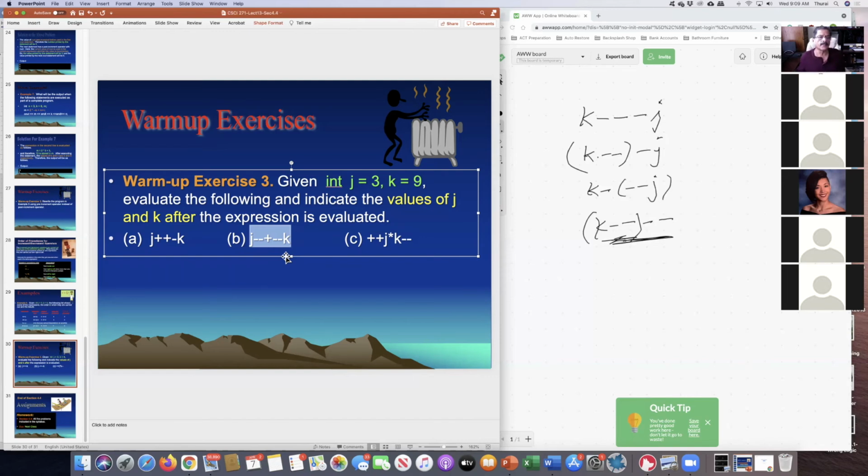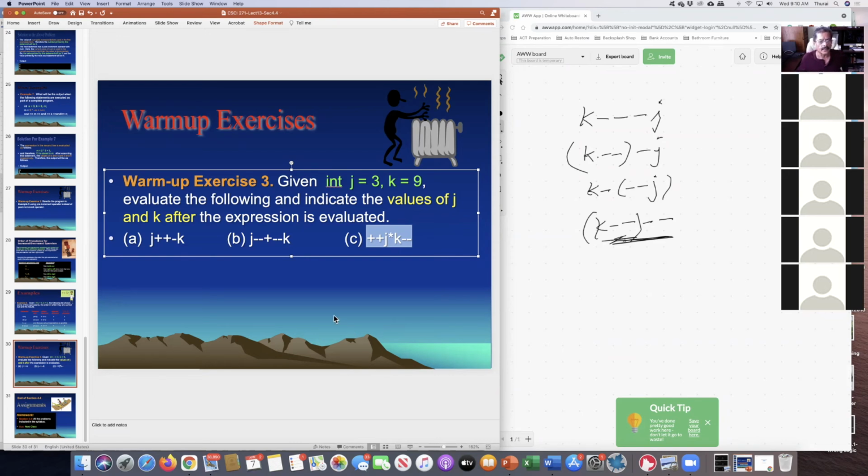You're right, 3 plus 8 is what we have, and that's 11. And after that, J will be 2, and K will be 8. Next one. 36. Okay, 36, and J will be 4. K will be 8. That is correct.